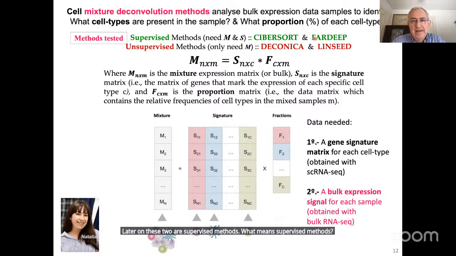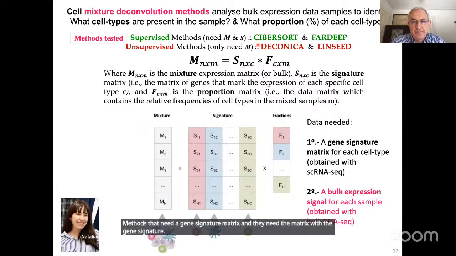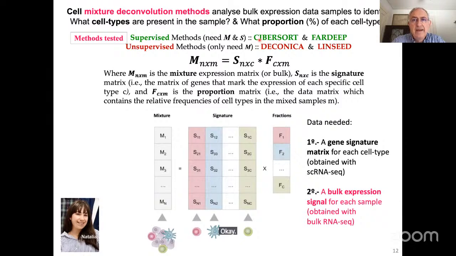Methods that need a gene signature matrix, and the signature, that is the S here, this one.